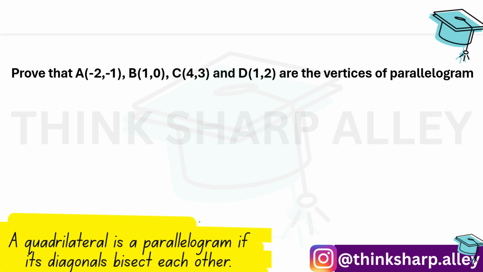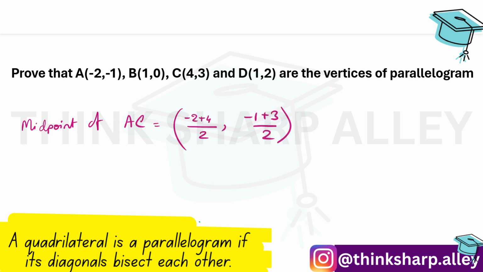So what we will do is find the midpoint of diagonal AC using the midpoint formula, which is x1 plus x2 by 2. Here x1 is minus 2 and x2 is 4. So minus 2 plus 4 by 2, and y1 plus y2 by 2 similarly, which gives us (1, 1).